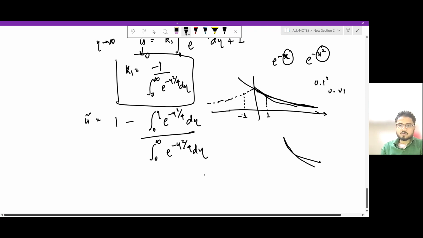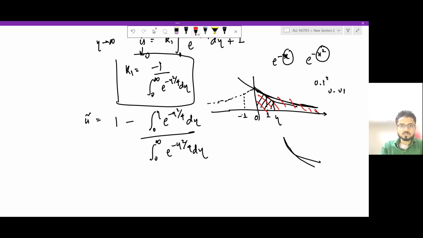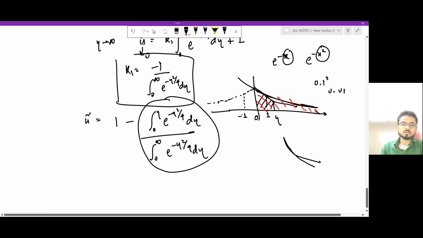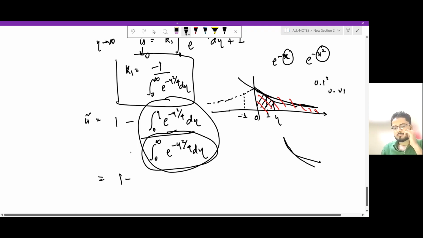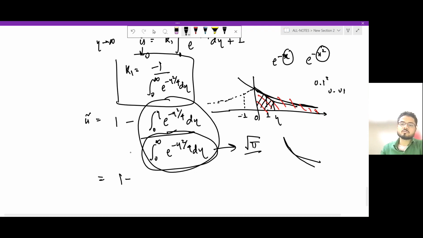And interestingly, from 0 to eta, this is eta. So this area divided by this entire area, this is what is written right here. And this is written as the error function complement of eta. This is a notation. In all basic calculus courses, they teach that this can be obtained as root of pi over 2.